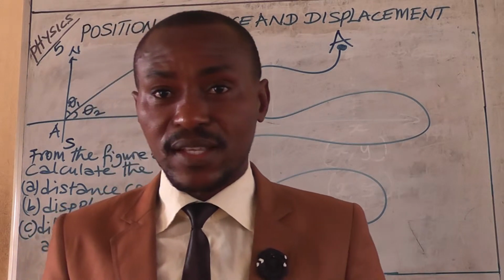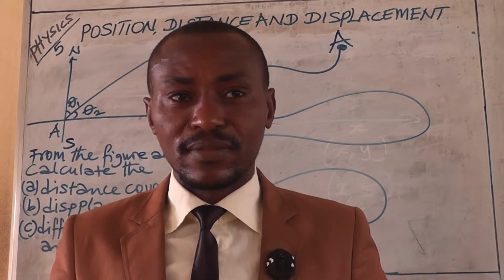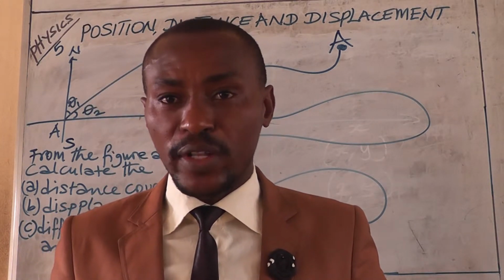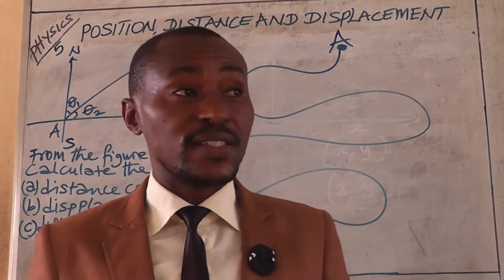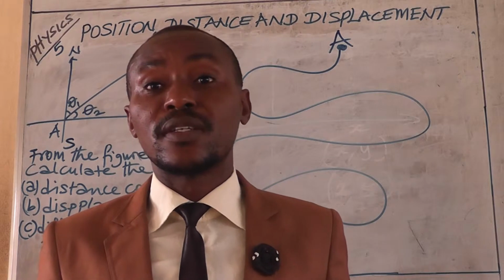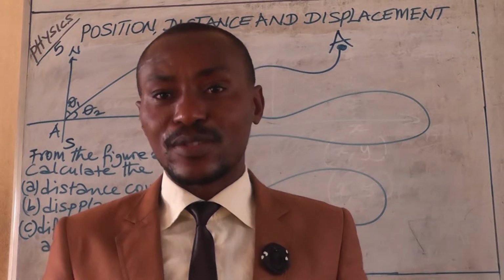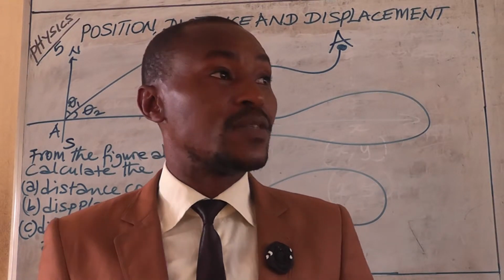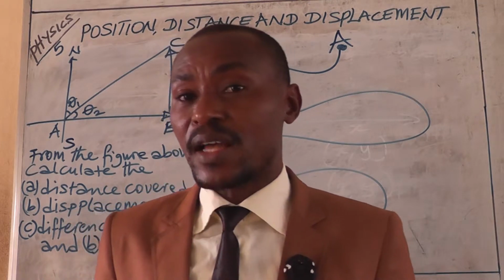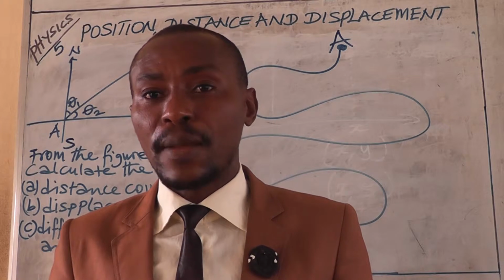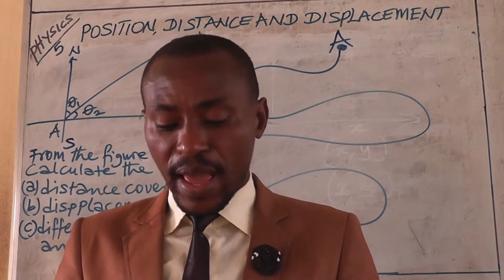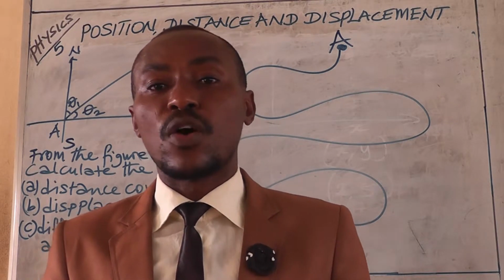Displacement is the shortest distance between 2 points. The shortest distance between 2 points, that is number 2. I'm giving us the second definition now. You may wish to add number 3, it's also acceptable. Displacement is the distance between the end of a moving object and the beginning. The shortest distance between the end and the beginning of a moving object.